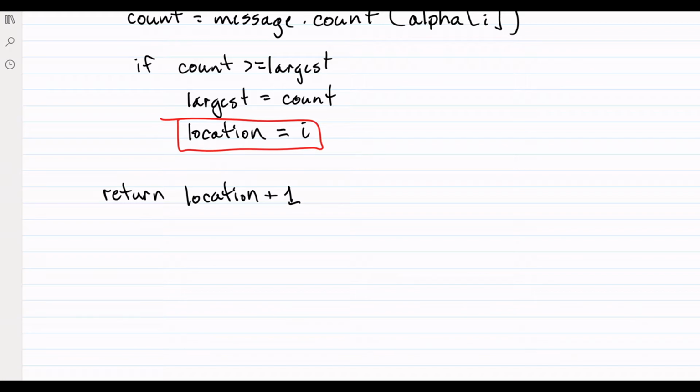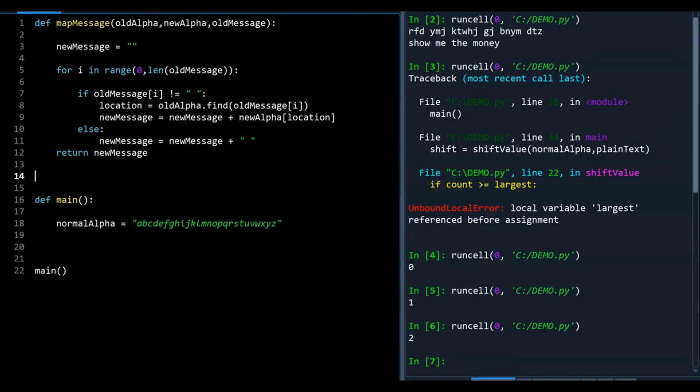So we'll go back to Spyder, and okay, I got rid of my other testing because I'm not going to need it for this one, but we can try some new plain text messages. We're going to start with something simple, maybe. So let's see if it works.